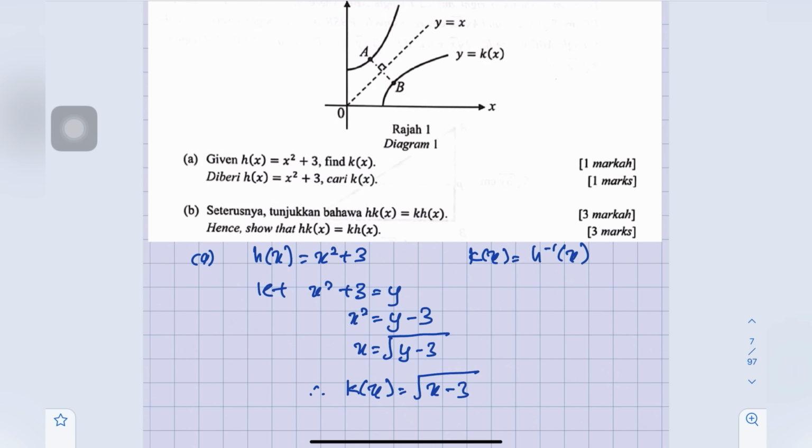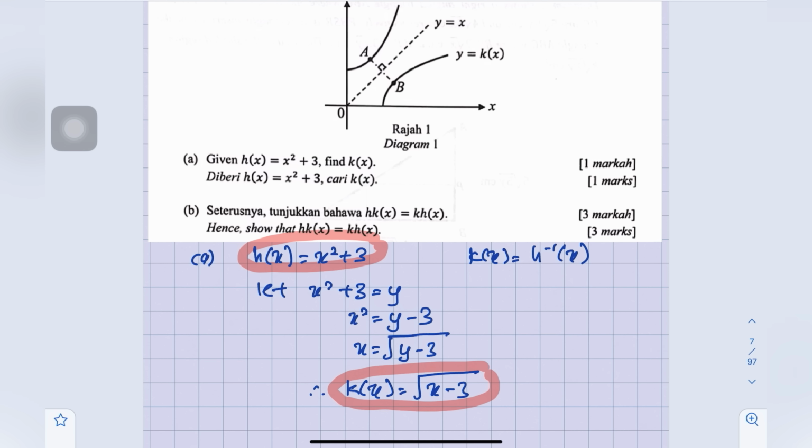B, hence show that hk(x) equals kh(x). Okay, so here we have h(x) and this is k(x). So we have to find the left side and the right side. The left side first.